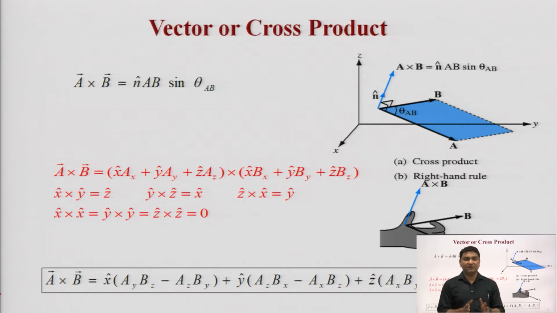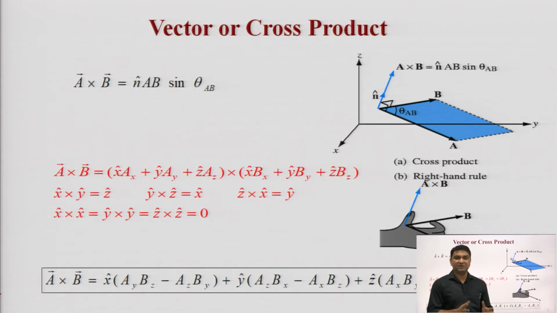And when these terms come along together after the multiplication of A and B vectors, then we have to see what is the result of x cross x, y cross y, z cross z.